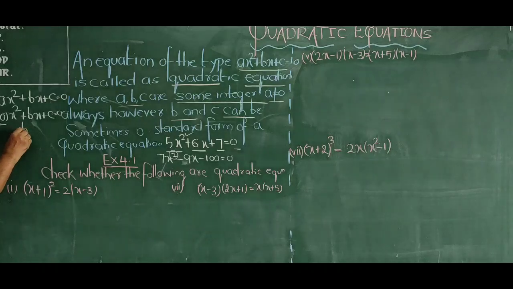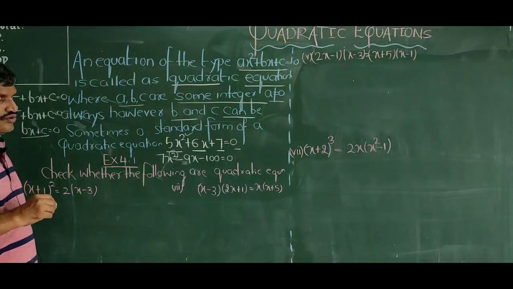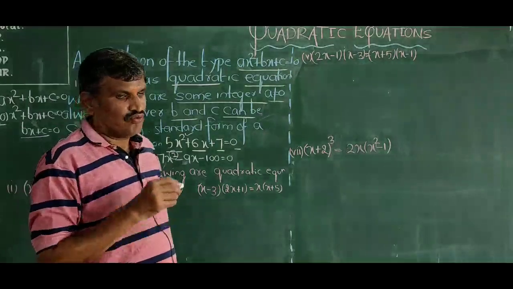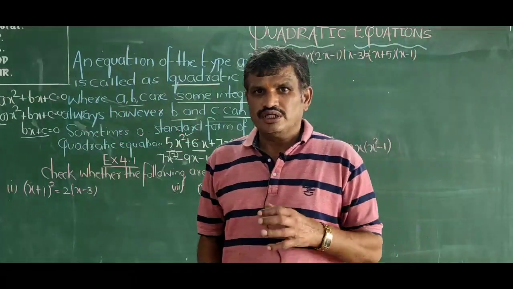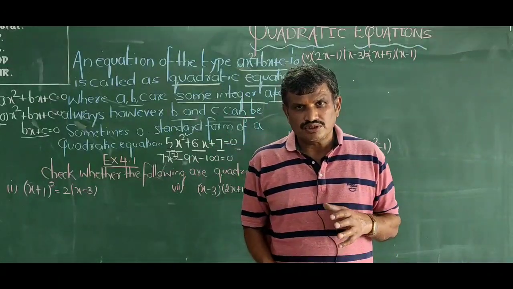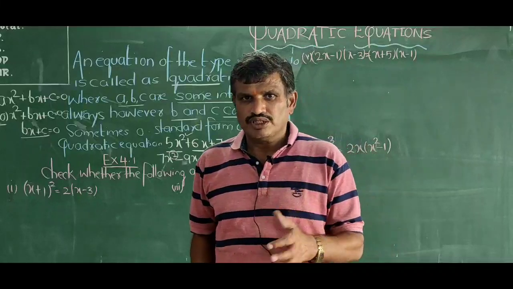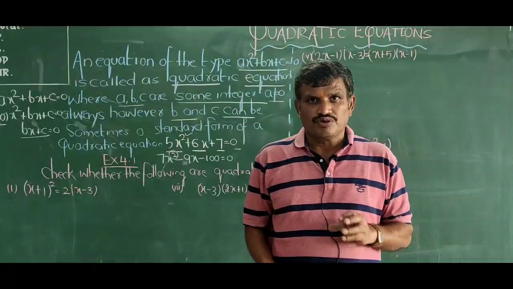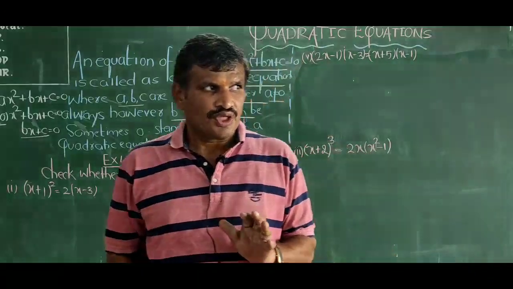That means the equation has reduced to linear form. So, children, what I want to tell you is a quadratic equation is an equation of the type ax square plus bx plus c equal to 0, where a is always non-zero.